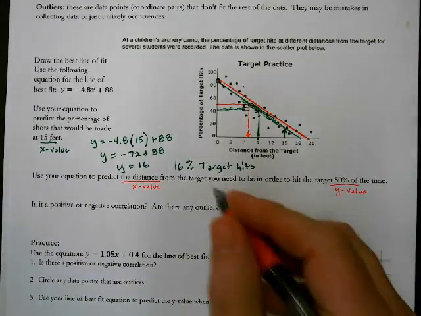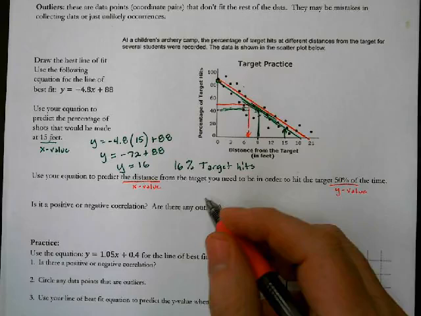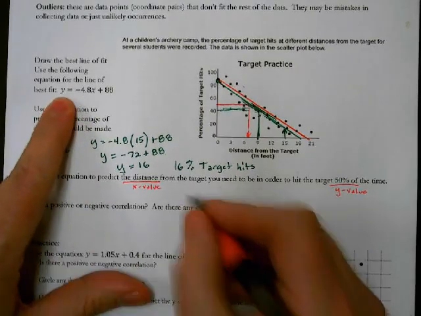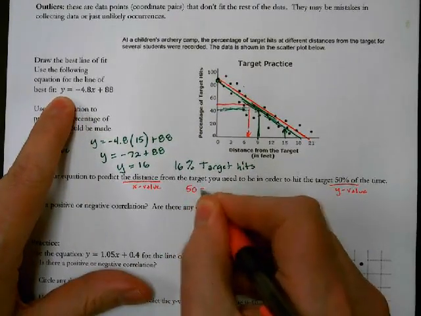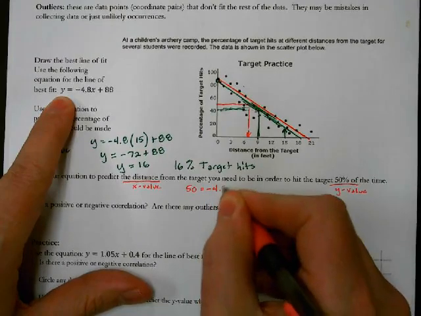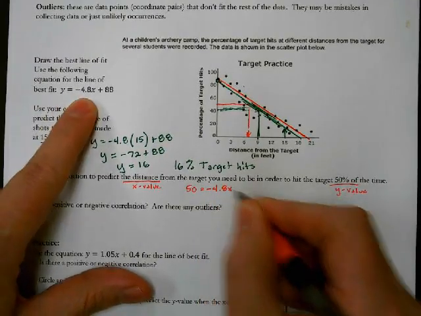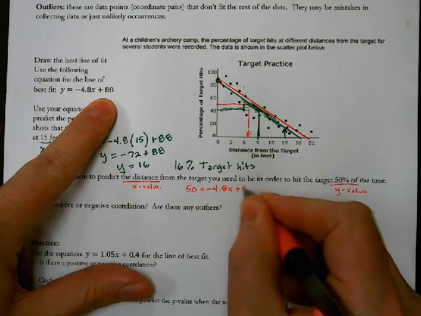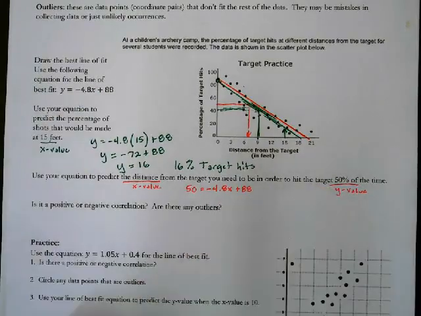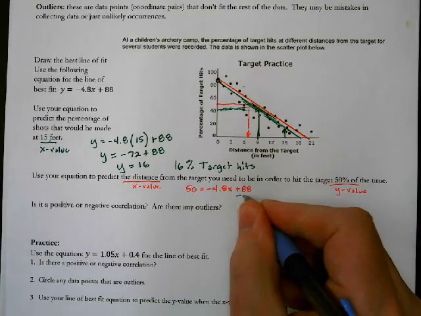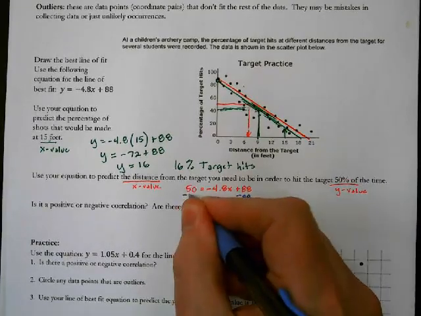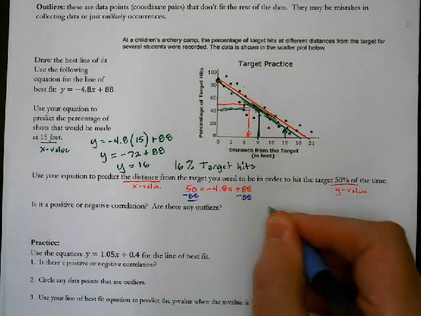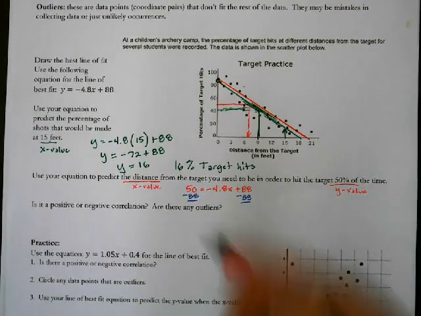So let's take our equation. Going to plug in 50 for y: 50 equals negative 4.8x plus 88. All right, using inverse operations, I will now subtract 88 from both sides. 50 minus 88 is negative 38.